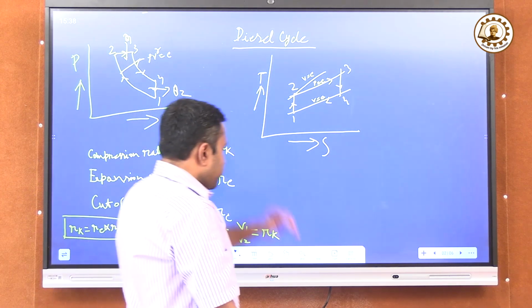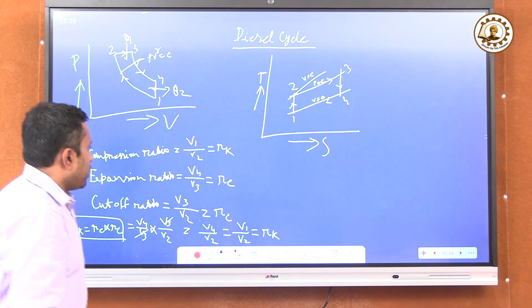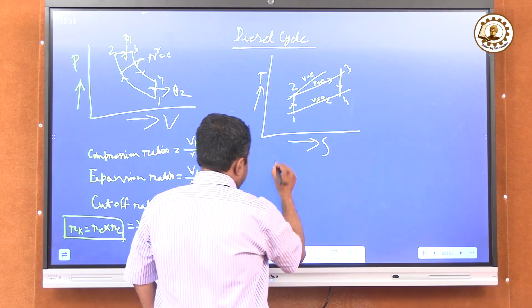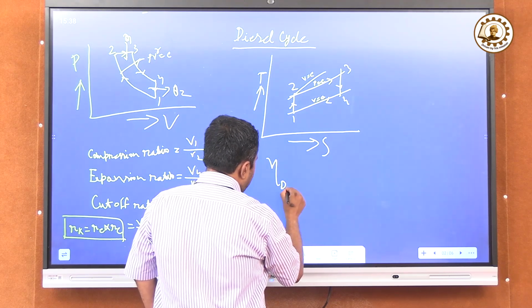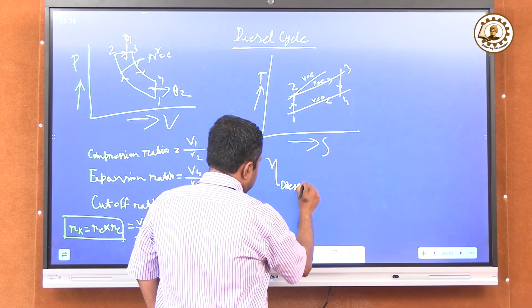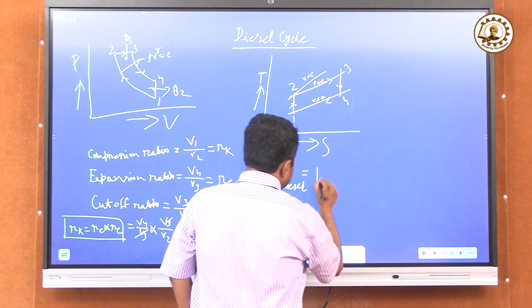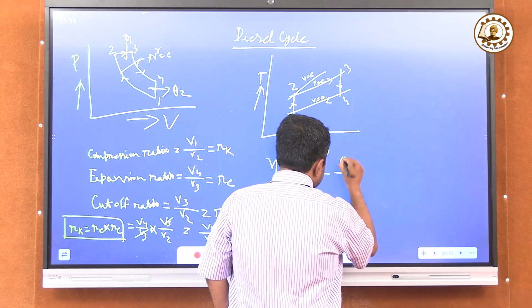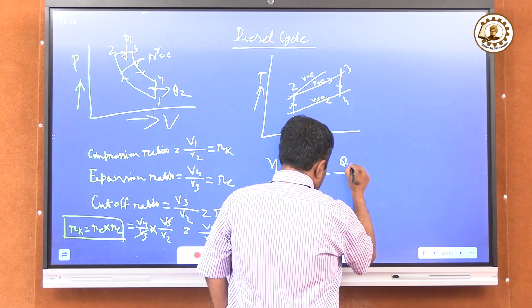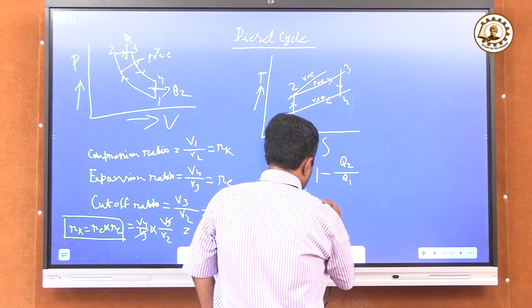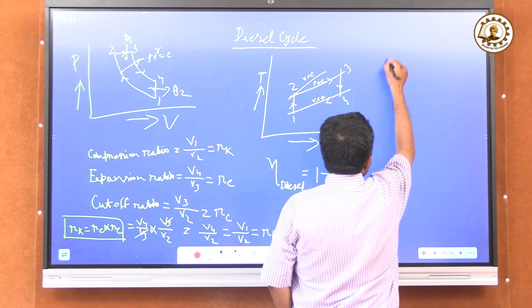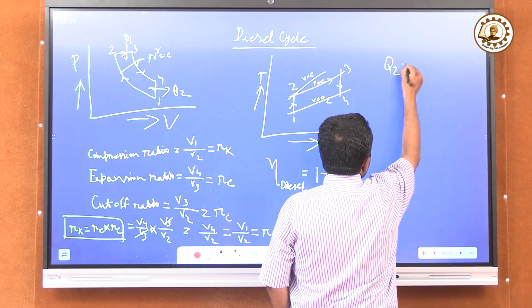Now, as per the previous cycle, that means the Otto cycle, we must know the efficiency of the diesel cycle. What will it be? It is 1 minus Q2 by Q1. Now, what is Q1 for this diesel cycle?